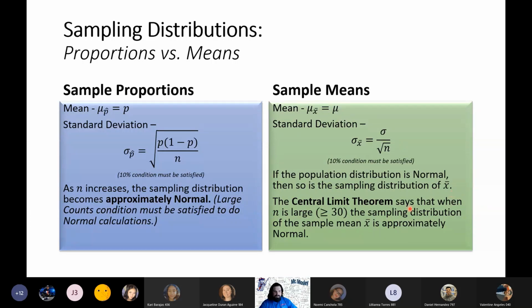The central limit theorem says that when n is large, greater than or equal to 30, the sampling distribution of the sample mean x bar is approximately normal. So we've got conditions on both sampling distributions, sample proportions or sample means, that allow us to treat them like a normal distribution as long as certain things are met. This puts them side by side for comparison.